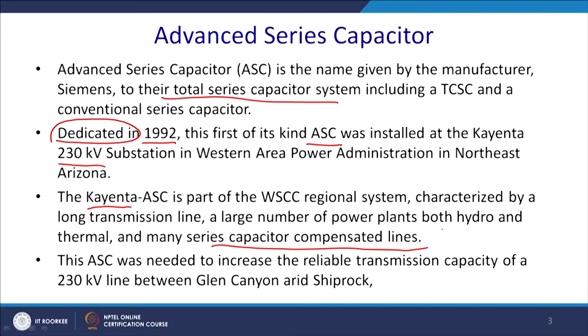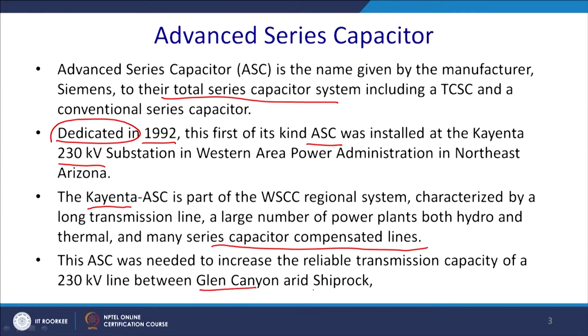For this reason that particular site was chosen for shunt compensation, series compensation, and FACTS devices. This ASC was needed to increase the reliable transmission capacity of the 230 kV line between Glen Canyon and Shiprock. These are the two places between which we need to send power, and thus we placed it.